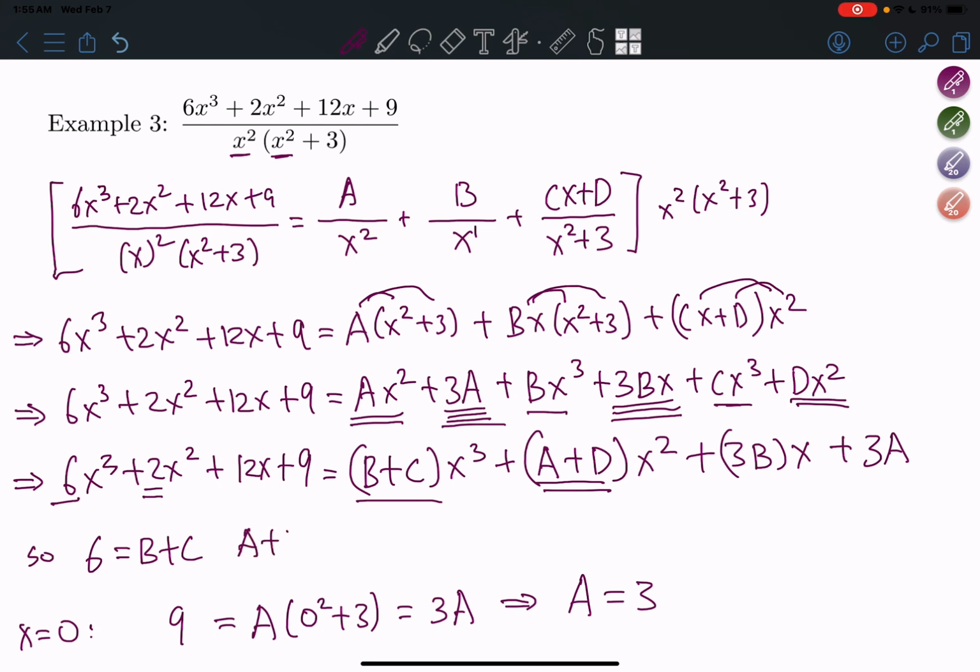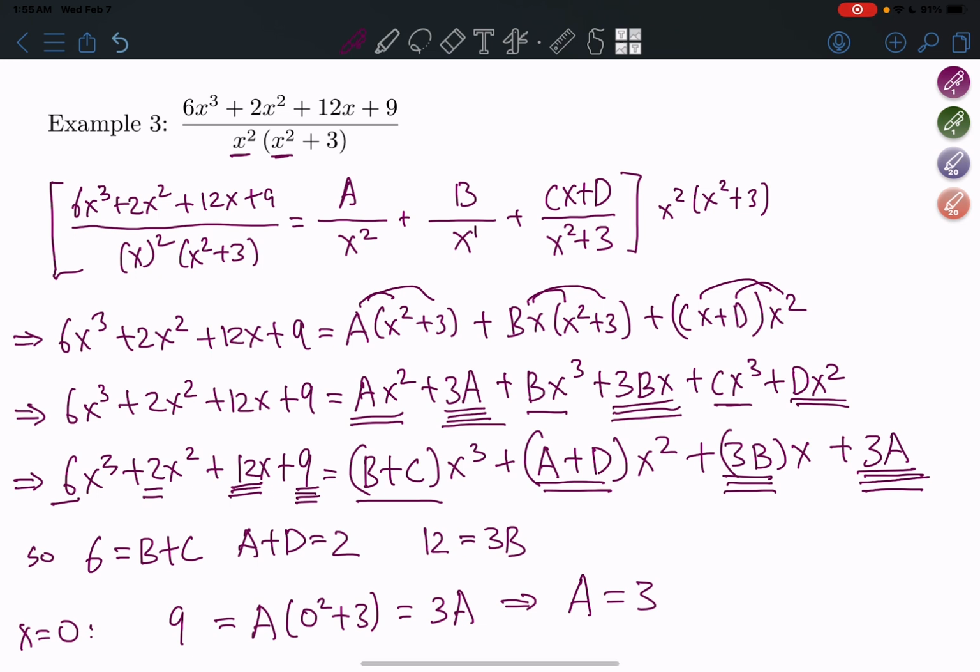So a plus d equals 2. 12 is the coefficient for x, and 3b is the coefficient for x. So 12 equals 3b. And last but not least, 9 is the constant term, and 3a is the constant term.